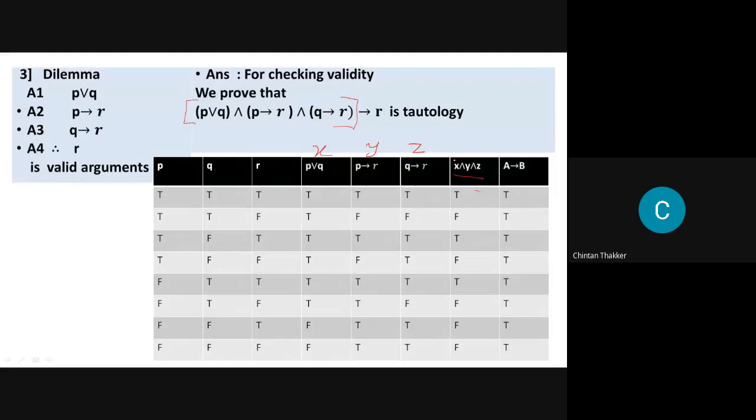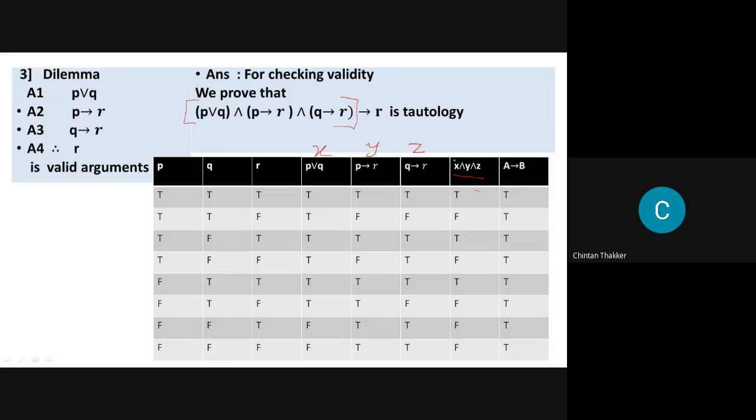Otherwise, if they are different, then you have to take the first two with an operator, then the solution, and the third one with the operator. When all three are true, we have true. If any one is false, we have false.